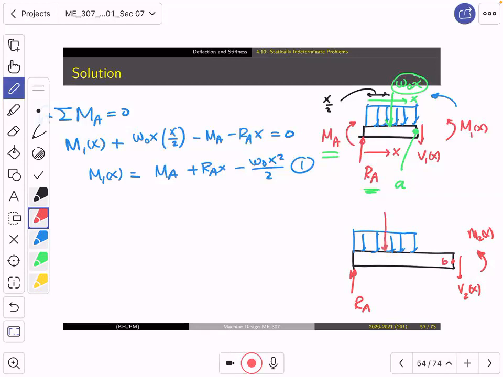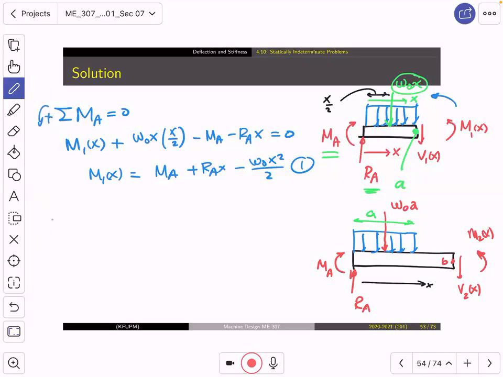This is equal to W0 multiplied by a. Why? Because the distance here is a. And half of it is a over 2. I also have MA, the same reaction. Of course, this is x. For the second cut, I take counterclockwise and sum the moment at this point to get rid of the shear force.